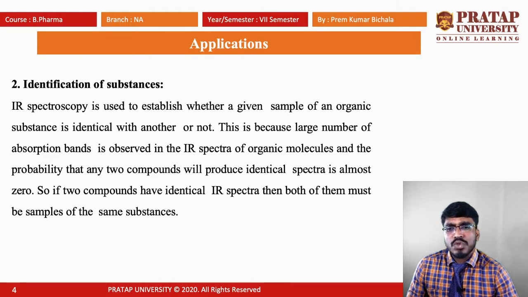So if two compounds have identical IR spectra, then both of them must be samples of the same substance. If you observe the spectra of two different compounds and they are identical, that means the samples are the same in nature.